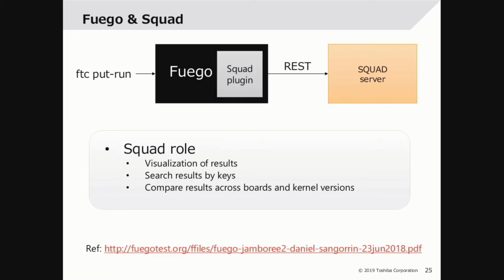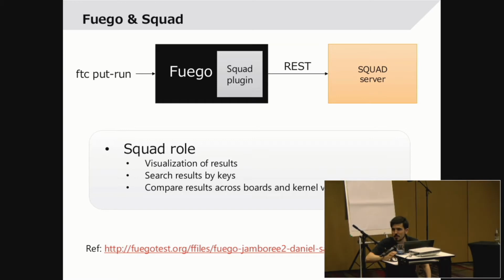The next integration is Fuego and Squad. Maybe you have noticed that Jenkins doesn't have a very beautiful interface. It cannot do searches or comparisons between logs. So we found this great tool called Squad, which is made by Linaro. It has a very nice REST interface, so you can just upload all your test results and your artifacts to Squad.